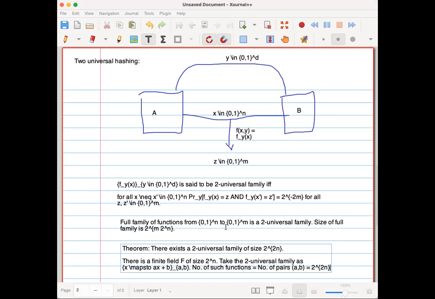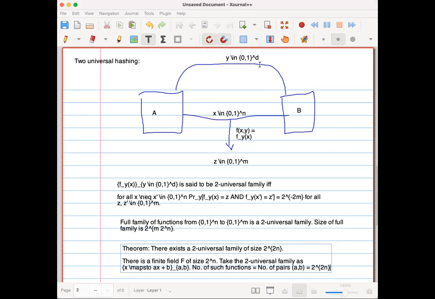If I'm using this concrete family, Alice thinks of bit strings of length n as elements of the finite field of size 2 to the n. Then for the seed, she chooses the pair a, b uniformly at random from the finite field and sends it across. So D becomes 2n.